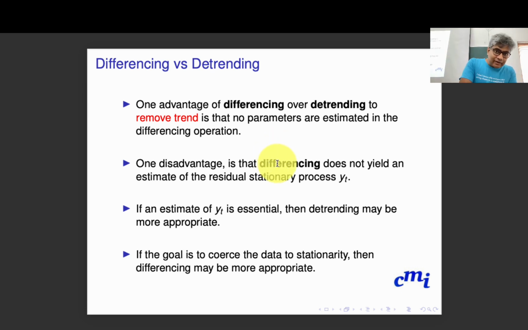One of the disadvantages: differencing does not yield an estimate of the residual stationary process. So I cannot get the residual process, which means that methodology will be completely different. You can go through the detrending route or the differencing route.